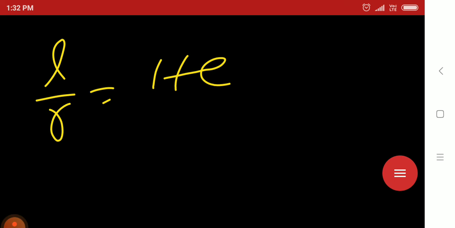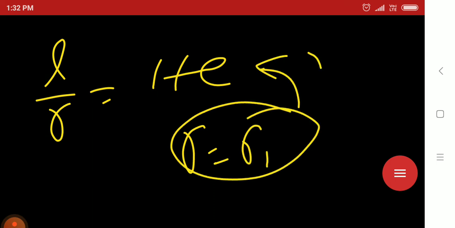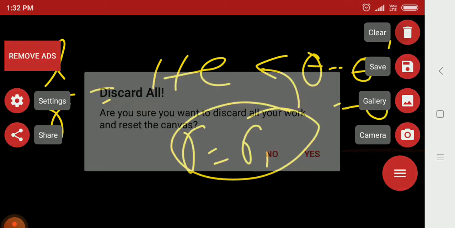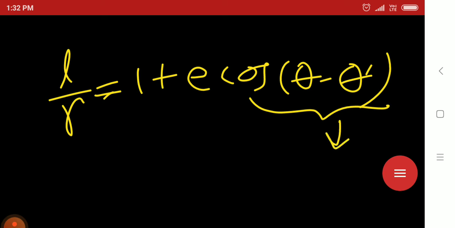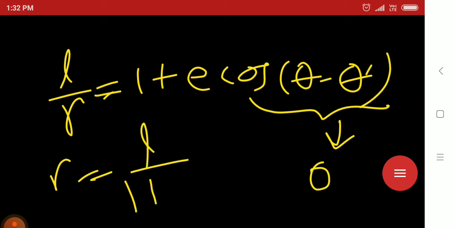That means the value of R, at R equals R1, is minimum for theta minus theta prime equals 0. Why? Because see here, L by R equals 1 plus e cos of (theta minus theta prime). If theta minus theta prime is 0, then L by R equals 1 plus e, and R equals L by 1 plus e.